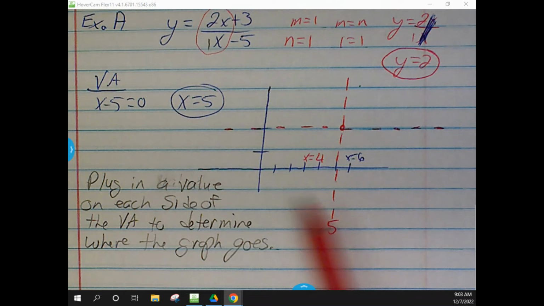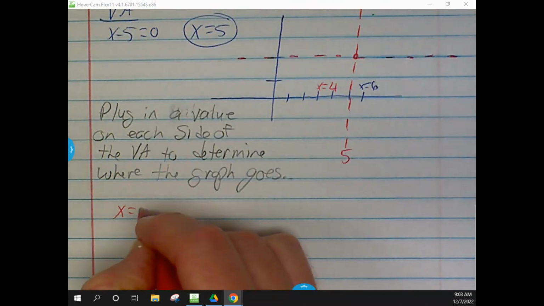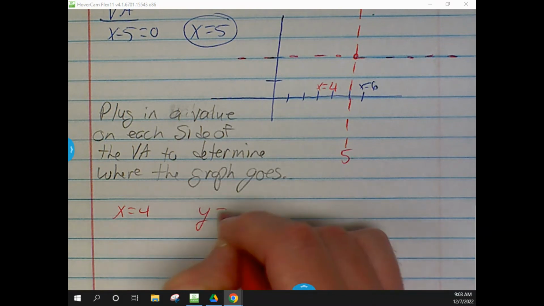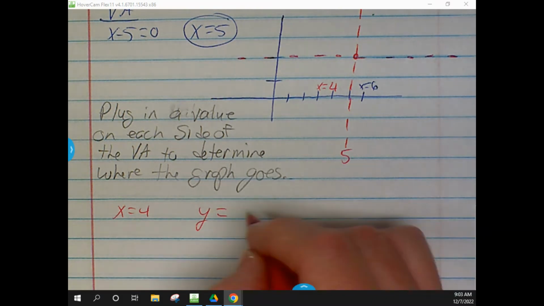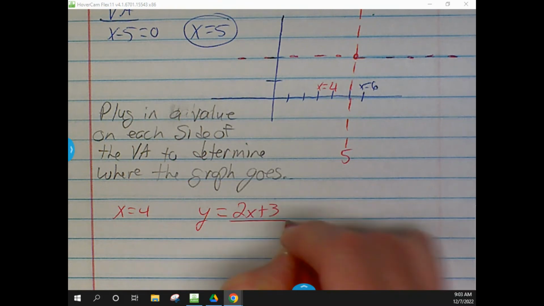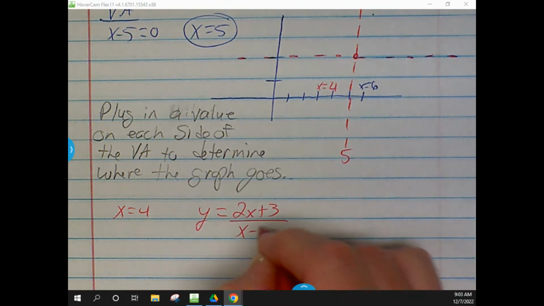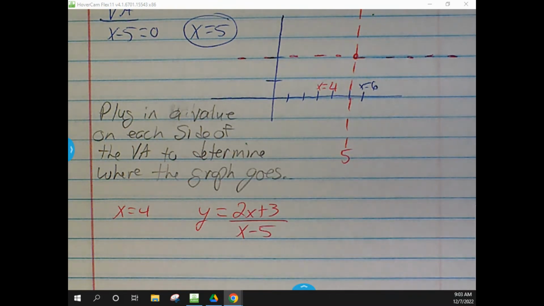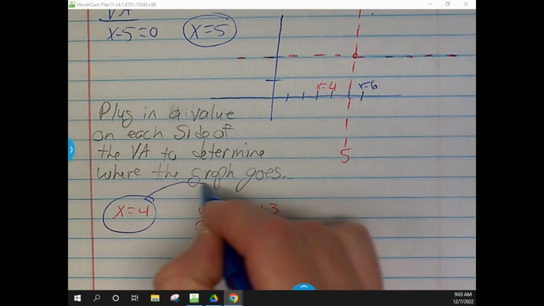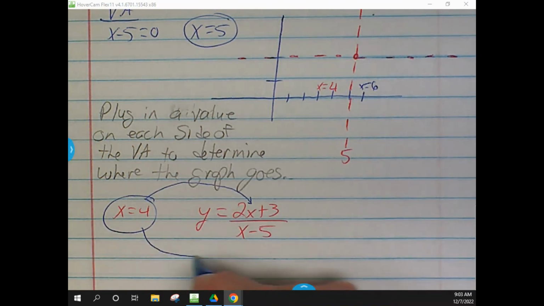Okay, so first thing is we're going to plug in x equals 4 and see where that point goes. So we've got x equals 4, and we're going to plug that into y equals 2x plus 3 over x minus 5. Plug it in here and plug it in here, and then just see what happens.